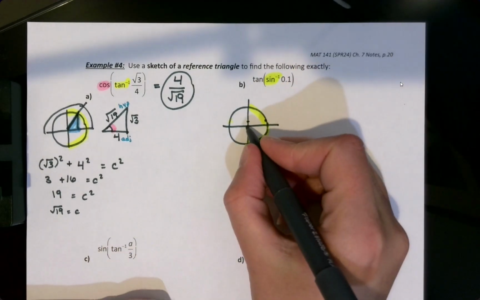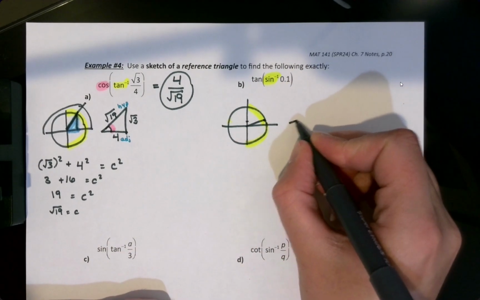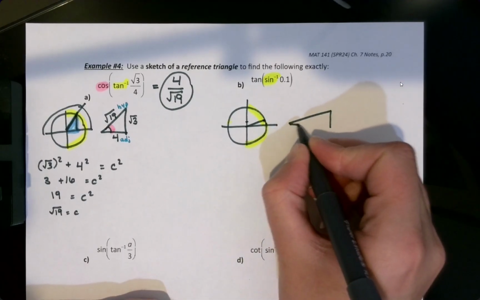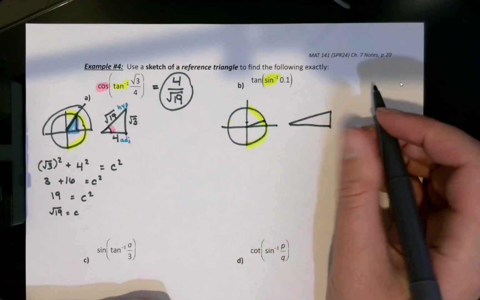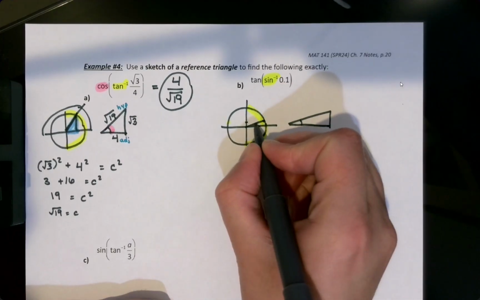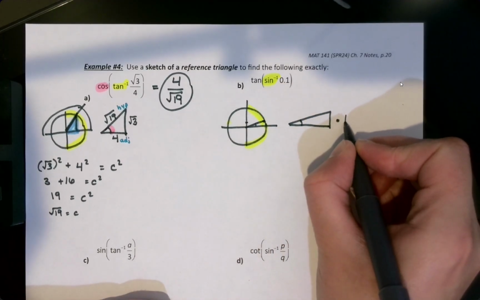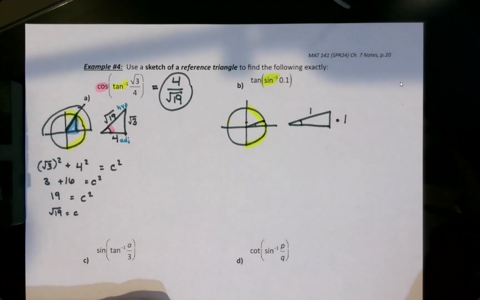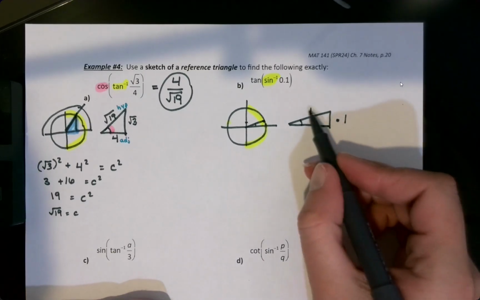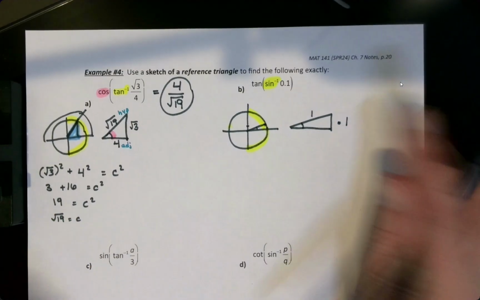So it has to be this one. So we've got this triangle, just made it a little bigger. And sine is a ratio of opposite over hypotenuse. So I've just written 0.1 as 0.1 over 1. And now I need to find the missing side.